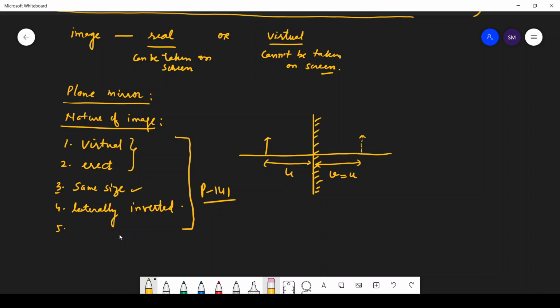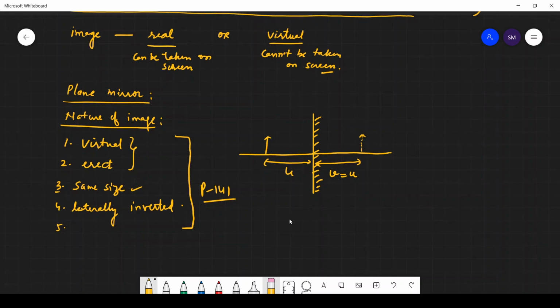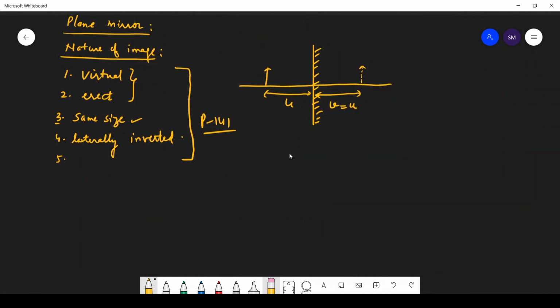Now we need to have the laws of reflection. So light is reflected from the plane mirror. So what are the laws of reflection, whether light is reflected from the plane mirror or from a spherical mirror?